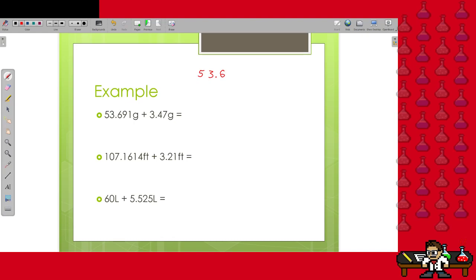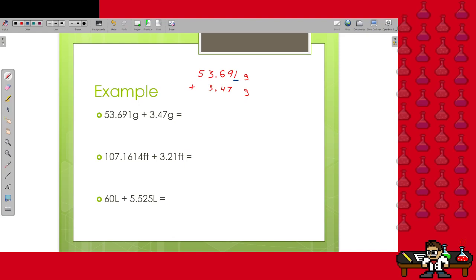So 53.691 grams for our unit plus 3.47 grams. In this first number here, my estimation took place all the way at the end because that's the number that I would have pulled off and rounded on the scale.